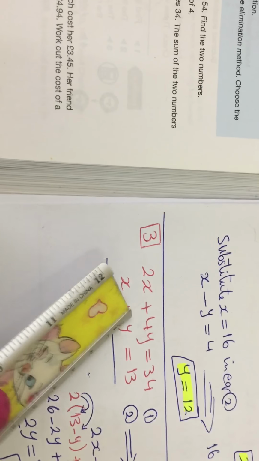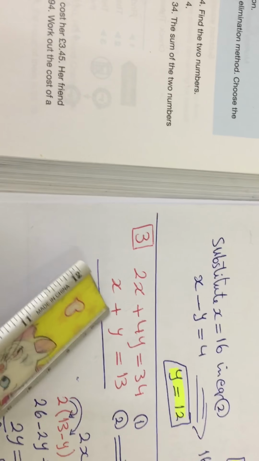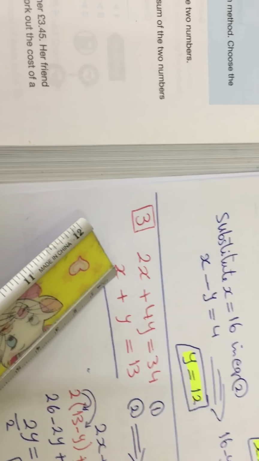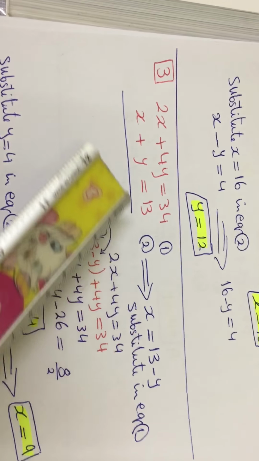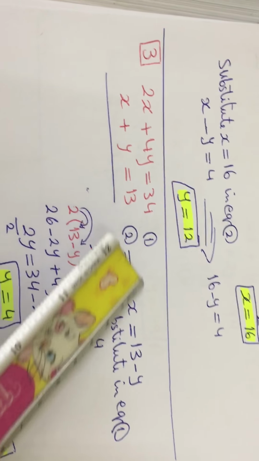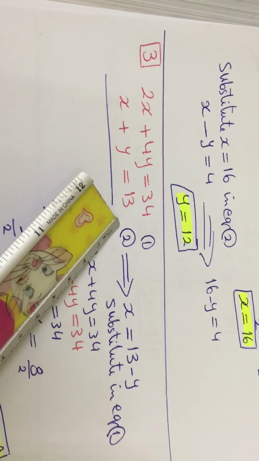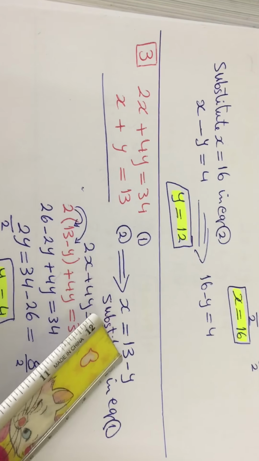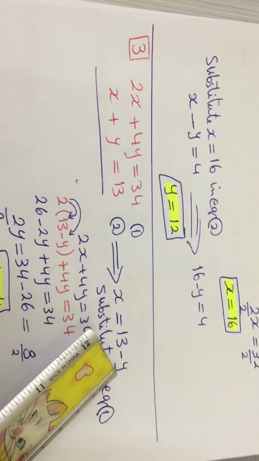So I can use this second equation and find the value of one variable from it. Maybe x, maybe y. I decide here to find the value of x. From this equation, I keep x aside and take y to the opposite side with opposite sign. So x equals 13 minus y. And I'll use the substitution way.